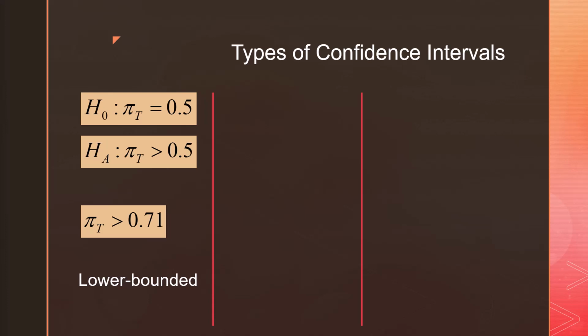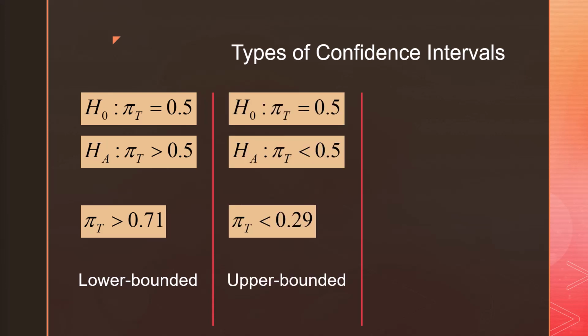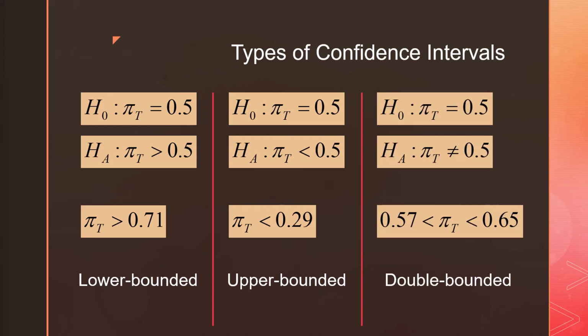So in this case, 0.71 forms the lower bound of the proportion of the treatment members of each pair that would improve. A hypothesis test to determine if the proportion is less than some value corresponds to an upper bounded confidence interval. A two-sided alternative hypothesis, when we want to determine that a proportion is different than a specified value, such as 0.5, will correspond to a confidence interval that has both a lower and upper bound.